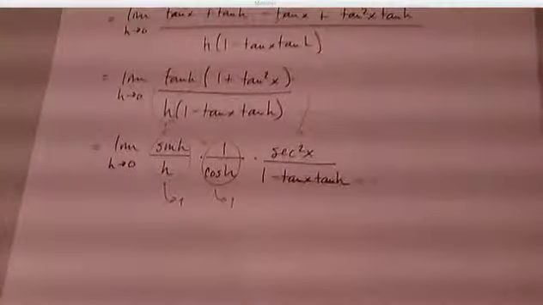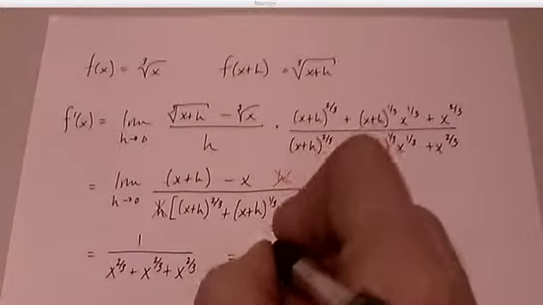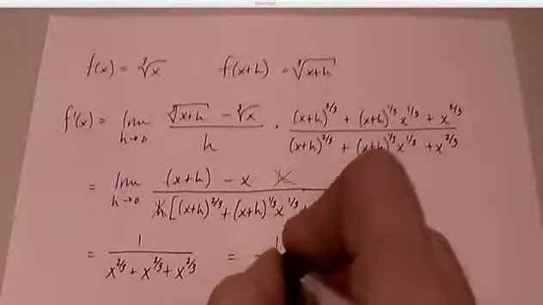Now I know that this is going to simplify in the numerator to h, which is going to cancel with this h, and when I plug in 0 down here, what I'm going to get is 1 over x to the 2/3 plus another x to the 2/3 once that h evaporates and becomes 0, plus x to the 2/3, or 1 over 3x^(2/3).